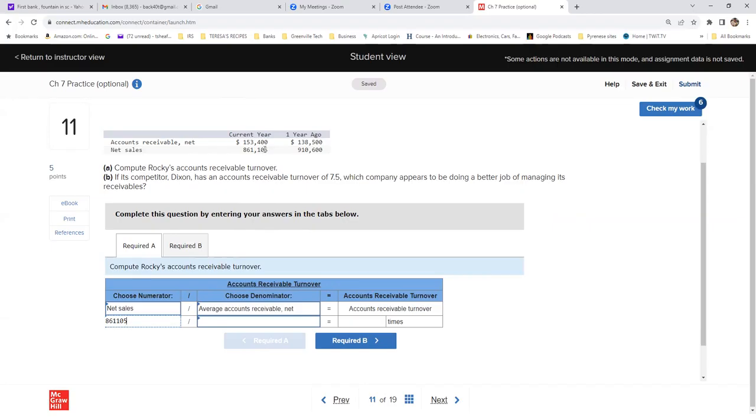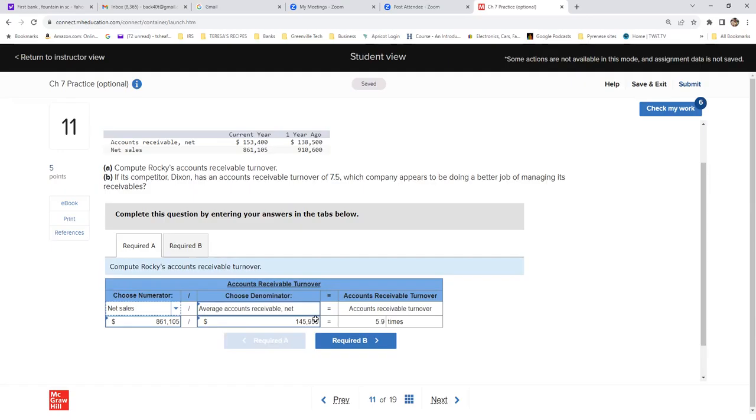All right, they're making us work for this. So 153,400 plus 138,500 divided by 2 equals 145,950. And that's 5.9 times.